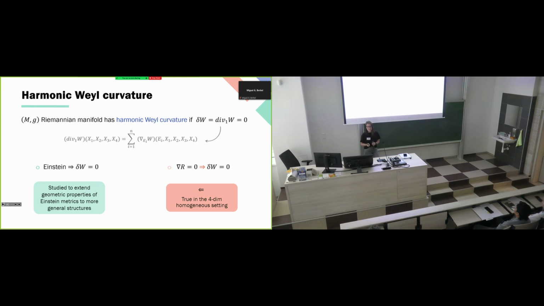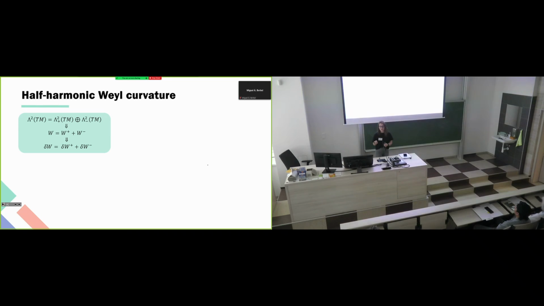We will see that this is not true anymore when we talk about half-harmonic biocurvature, which is what we are going to do now. So what is it to have half-harmonic biocurvature? It is known that the Hodge-star operator induces a decomposition of the space of two-forms into its self-dual and anti-self-dual subspaces, which are the eigenspaces associated to the plus and minus 1 eigenvalues of the Hodge-star operator.